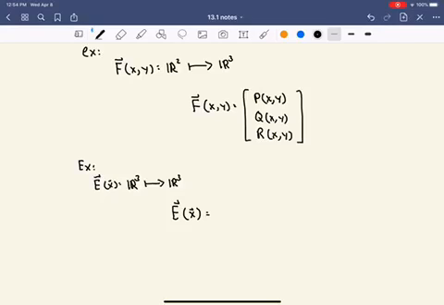E of x equals, this is an epsilon Q over, and I'm going to write this x cubed over x hat. Okay, now x, when I don't have an arrow on it, is actually the square root of x squared plus y squared plus z squared. It's the length of the vector. Okay?